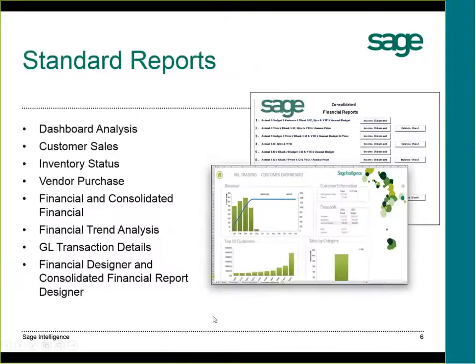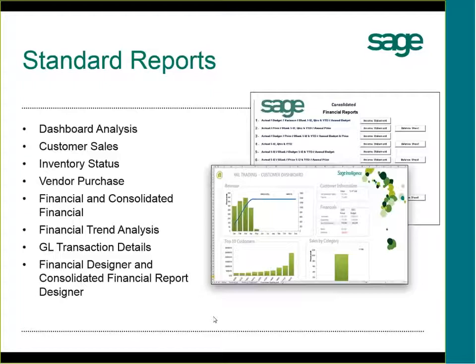All right, and this is just a list of the standard reports that we have. Dashboard analysis, which is what we're going to be talking about today. You see a dashboard there on the screen. We also have customer sales reports, inventory status reports. We have vendor purchase reports.